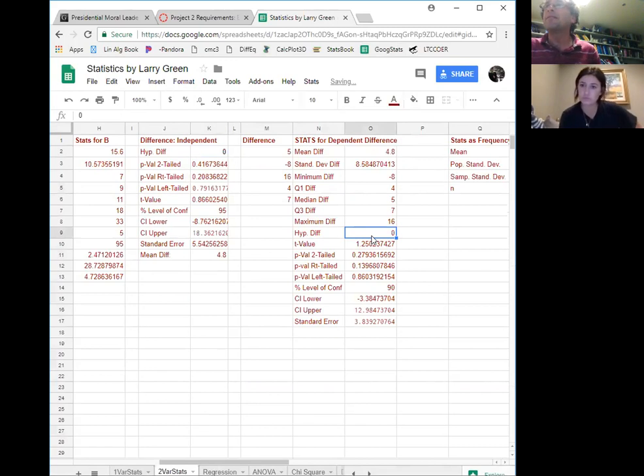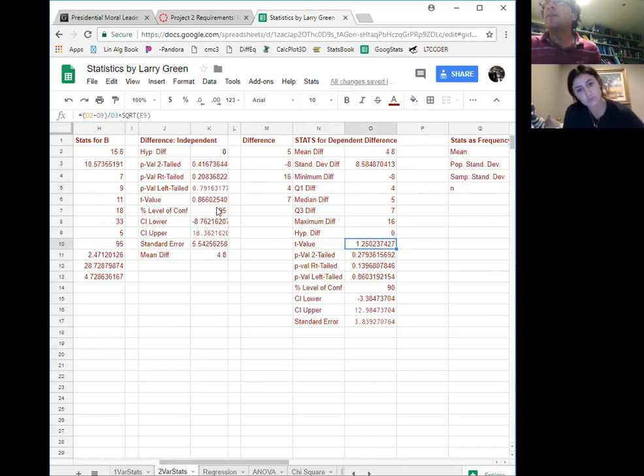Hypothesized difference is what that one is. And then it will give you, again, two-tailed, right-tailed, left-tailed. That depends on what your hypothesis was. Same thing here. So you have to pick the one that's yours. It'll be one of those 6. And the numbers will all be different. Any questions so far? It also gives you the test statistic, t-value.